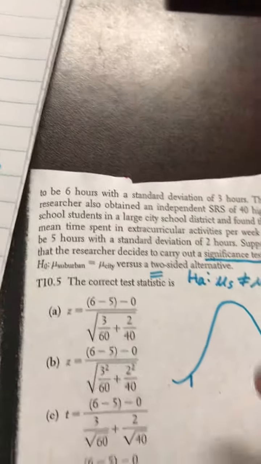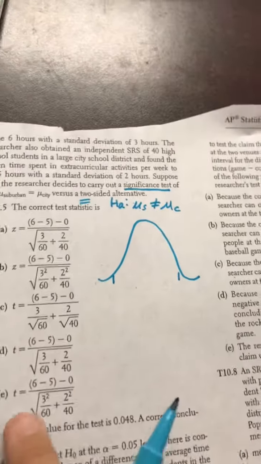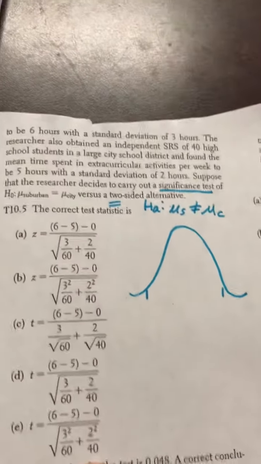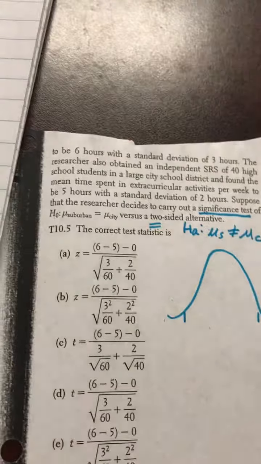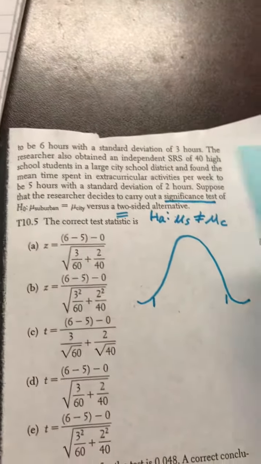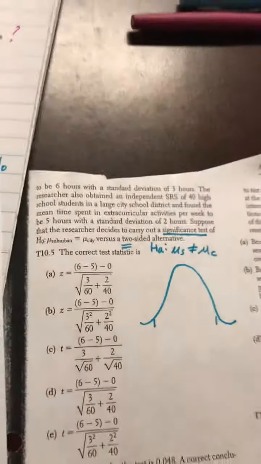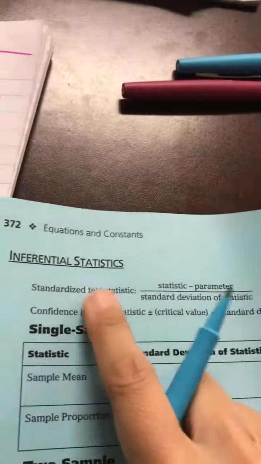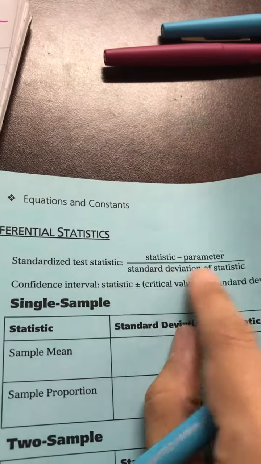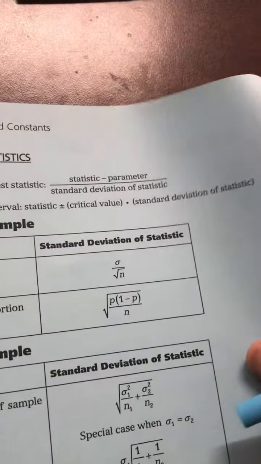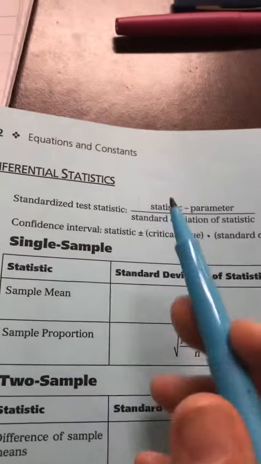Okay, so this is exactly what your calculator would do, and it would calculate the test statistic. And you might want to just glance at this formula sheet. It might be handy when you take the test. The test statistic is the statistic minus the parameter over the standard deviation of statistic. So here we already calculated our test statistic. Is there a difference?